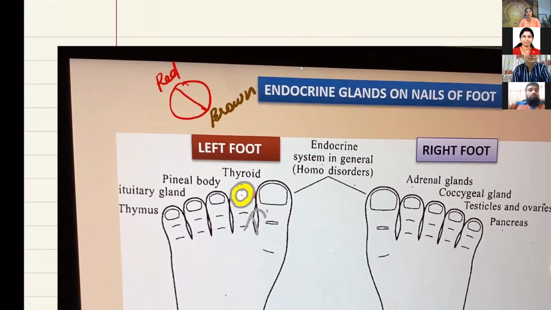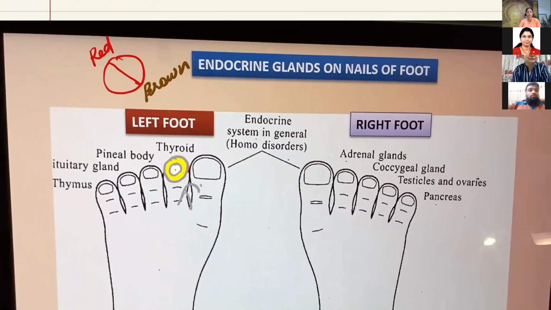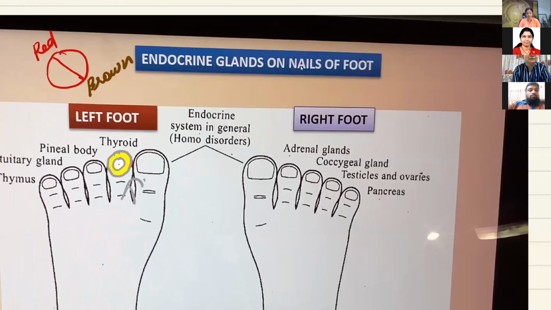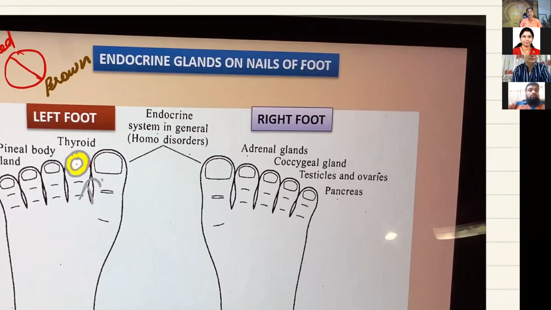Now, what is the next problem, which is very common these days? This is diabetes. You will see on this nail, many people apply a round magnet here. Diabetes means to activate the pancreas. How to use your round magnet?